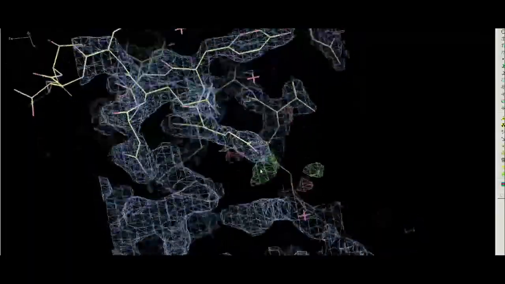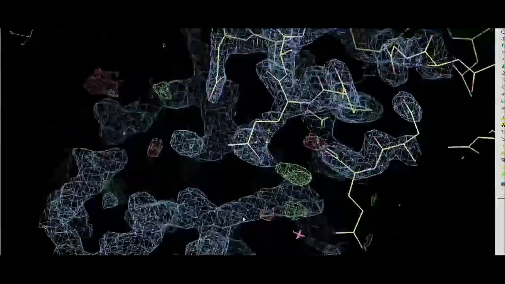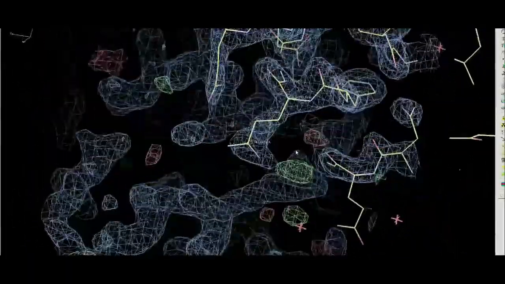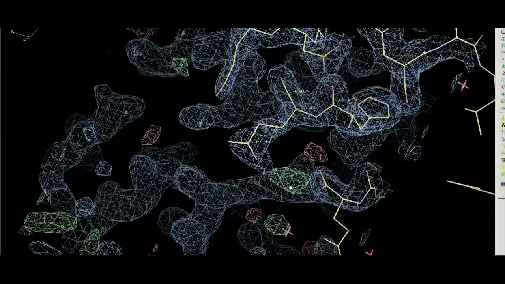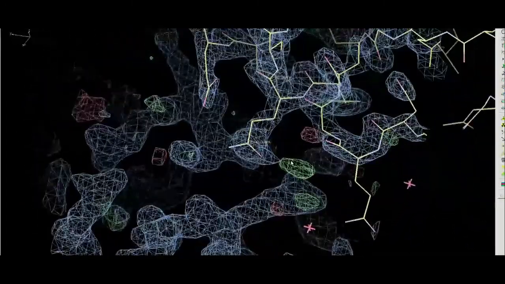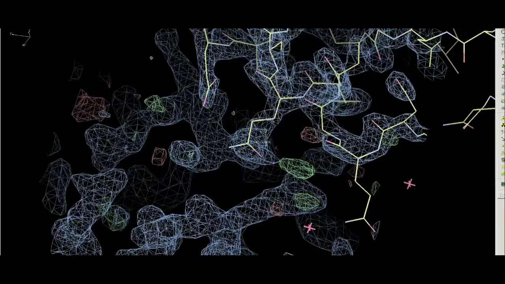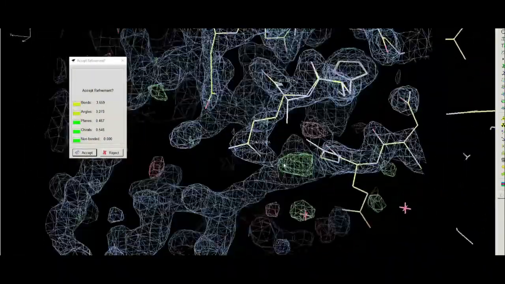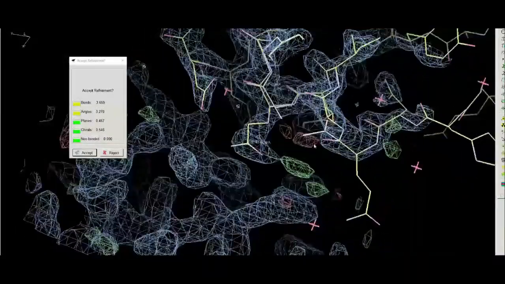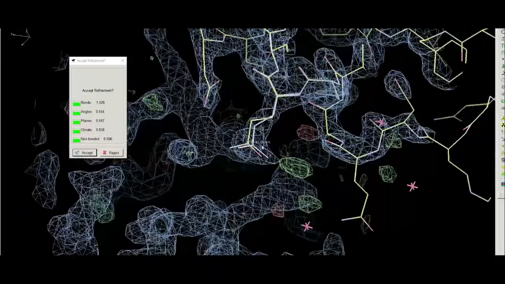You can see there's green here where there's possible electron data that we are not actually putting in, that we have not modeled in. We can try and move this over into the green there. Doesn't seem to want to.